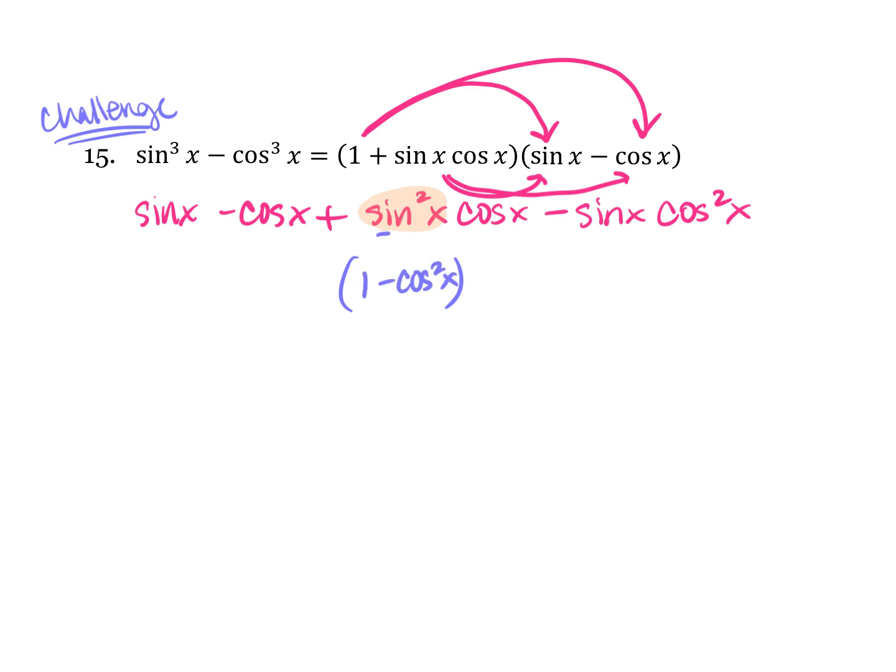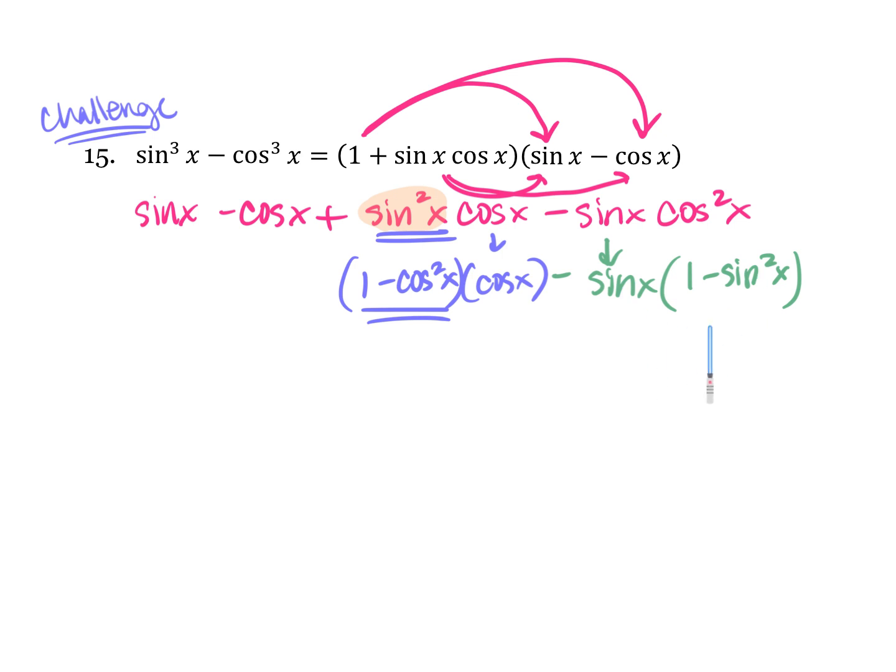I'm going to replace this sine squared with that because it's being multiplied by a cosine, and then I'll get a cosine cubed. I'm going to bring this sine down. What can I replace cosine squared with? It's going to be 1 minus sine squared. Perfect. And then when I distribute that back, I'm going to get a sine cubed there.